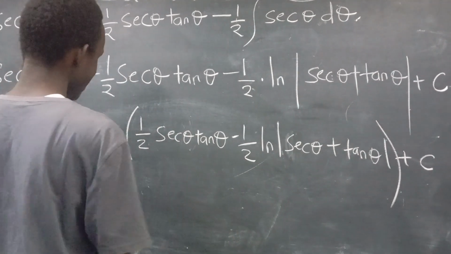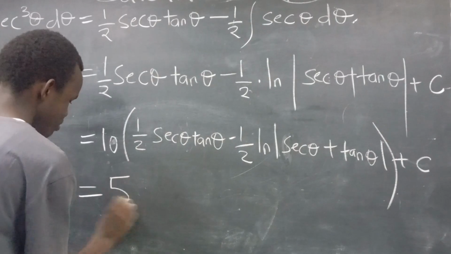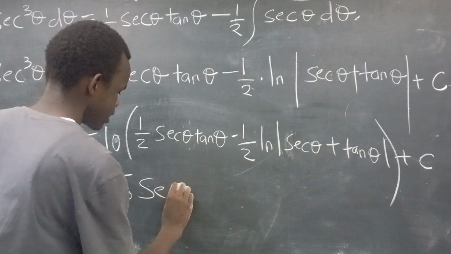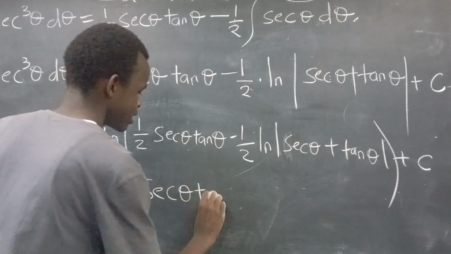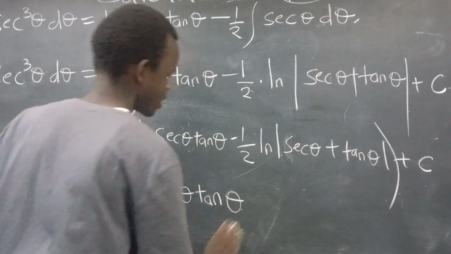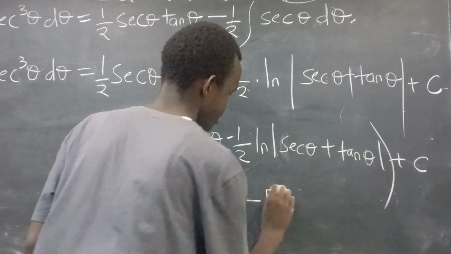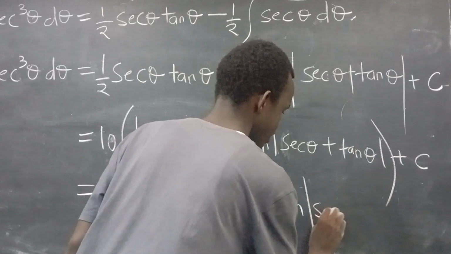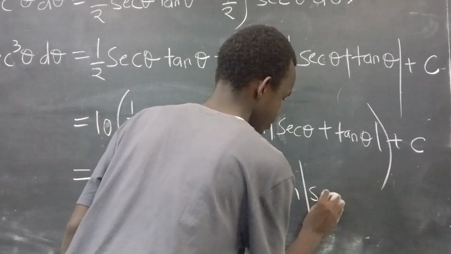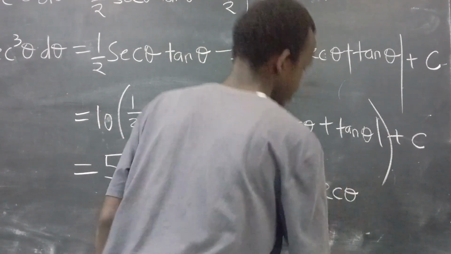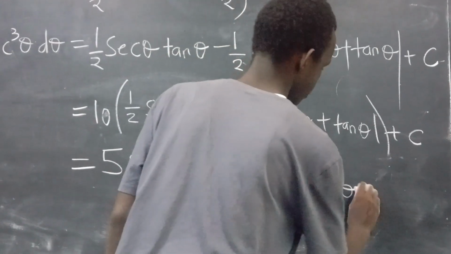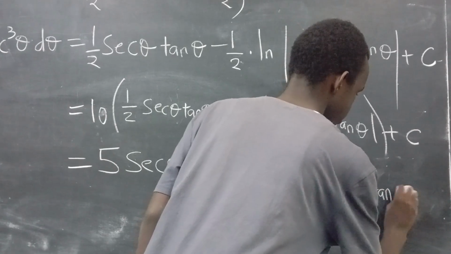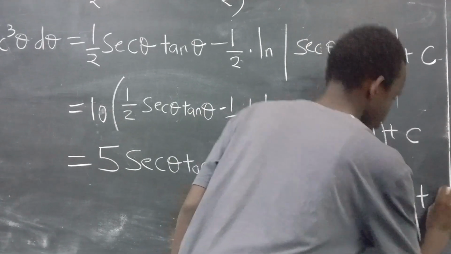So 10 multiplied by half is just 5. So it will be 5 secant of theta tangent of theta minus 5 ln of the absolute value of secant of theta plus tangent of theta plus your constant c.